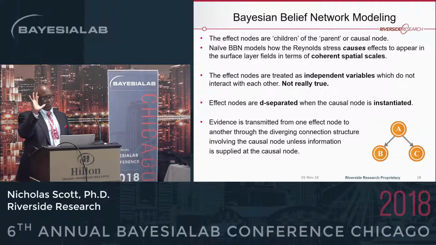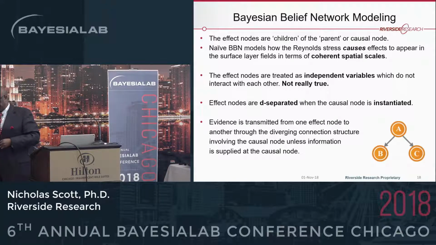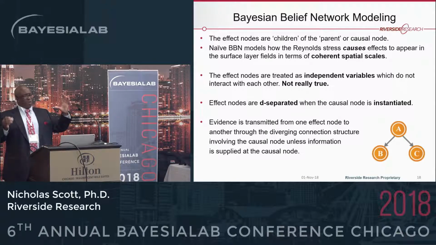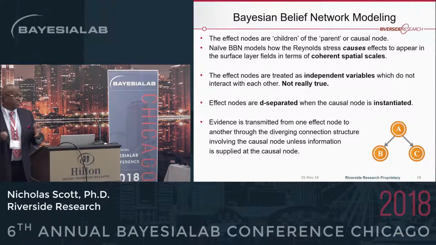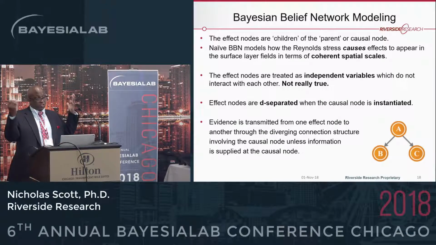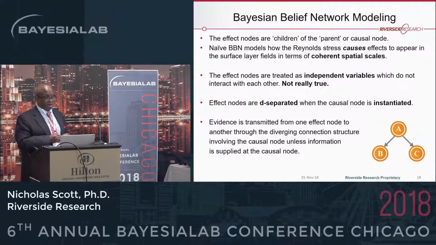Again, we're using a naive Bayesian belief network. We're postulating that the pressure, the concentration, and the vertical velocity are independently related to the stress. It's not true at all, but we just use this as a way to understand what's going on. As a first order model, the effect nodes are D-separated.